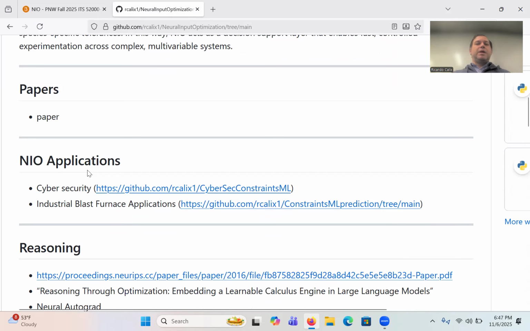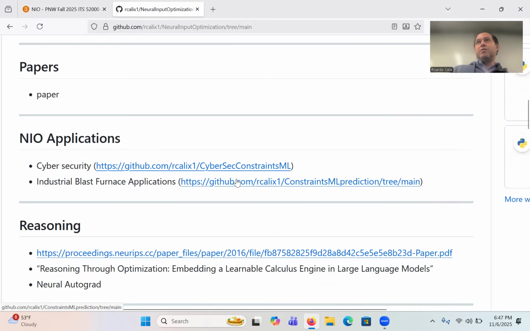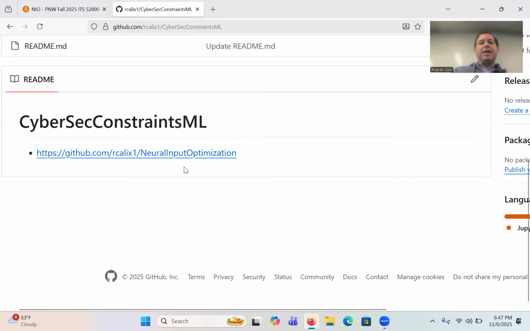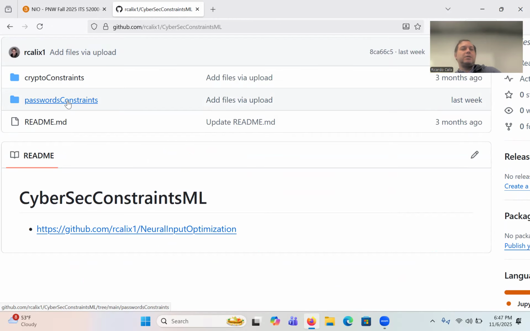All right, so NIO applications. There's this one in cybersecurity where I provided some code. For those of you that might be interested in something related to language, like this one, which was related to passwords, you can click on this one. Although the paper is not there yet, you can take a look at this, passwords and constraints.